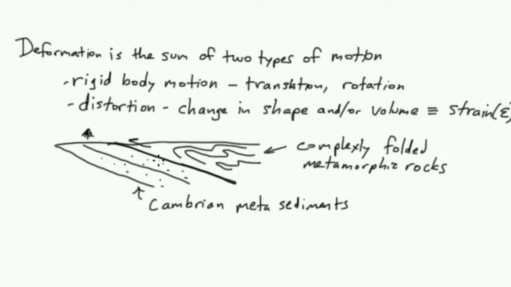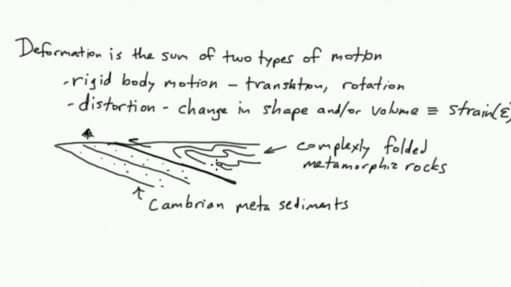These Cambrian metasediments don't show any evidence of distortion. They have been rotated, because most sediments start out as horizontal layers. They're no longer horizontal, they're tilted. So below the fault, we see evidence of rigid body motion.